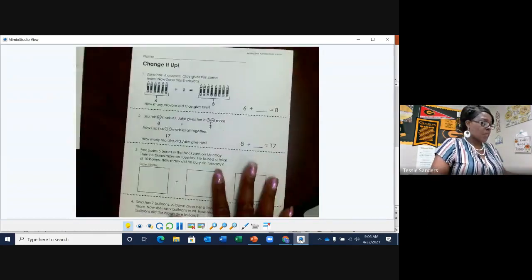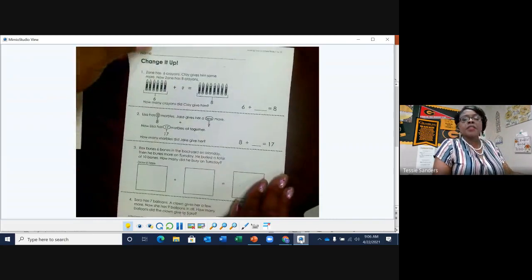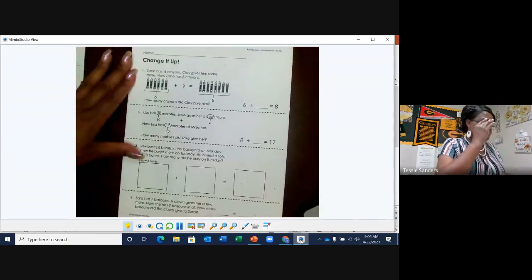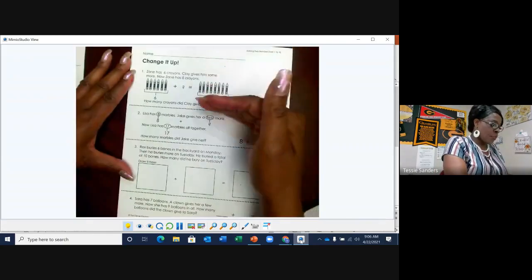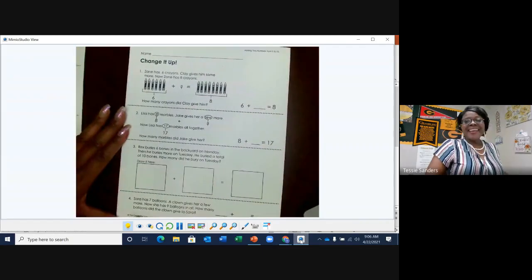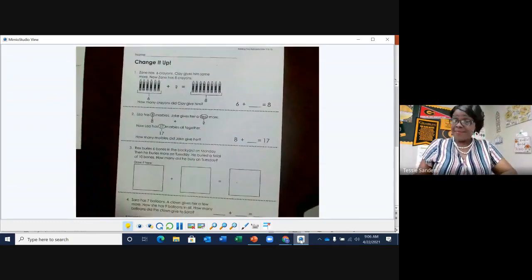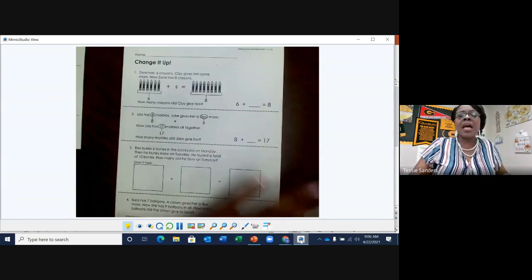Okay. Change it up. This is your exit ticket. You have more word problems. All right. And so now you try. It's your turn to implement and apply what you've learned.